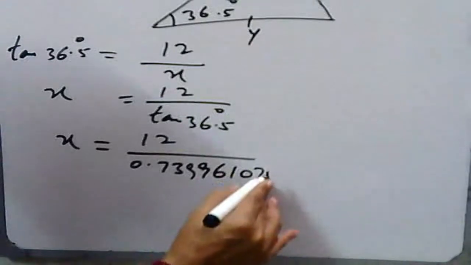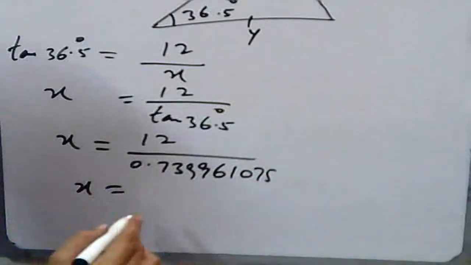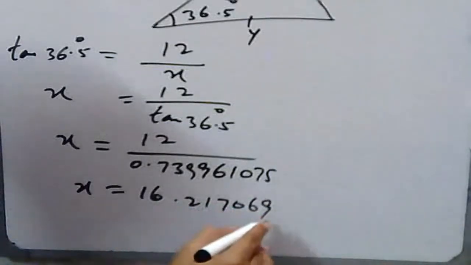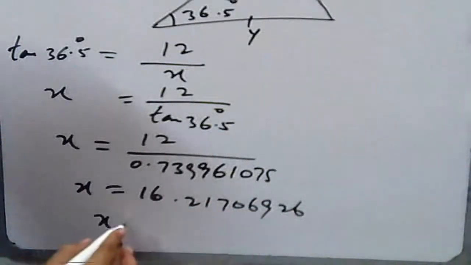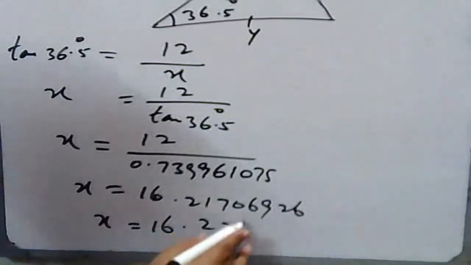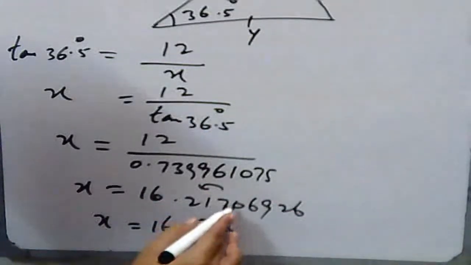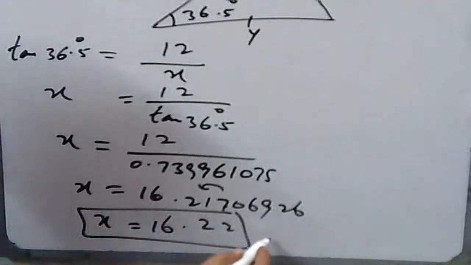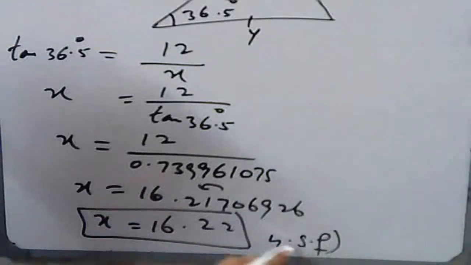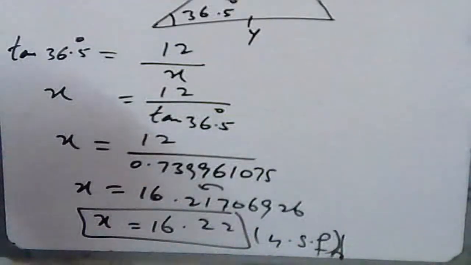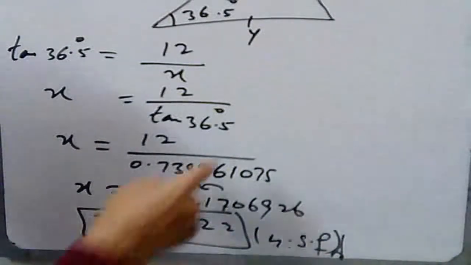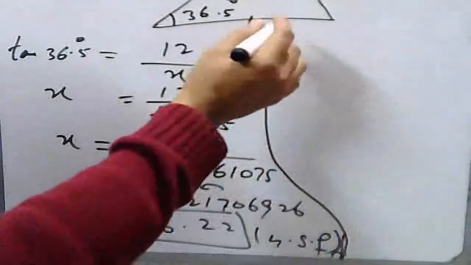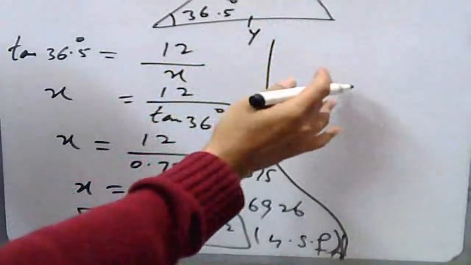So the value of x is 12 divided by, what is the value of tan 36? That is 0.739961075. After division, you will get 16.21706926. So the value of x up to 4 significant figure, you have to add because greater than 50%, 16.22 up to 4 SF is your required result.